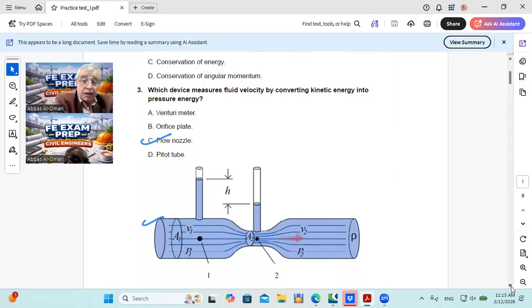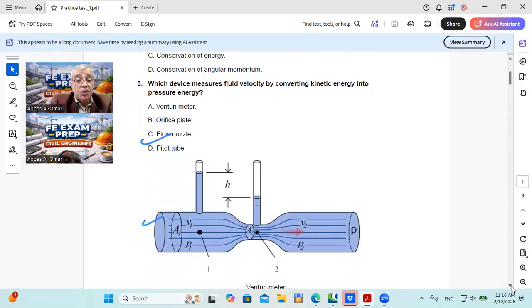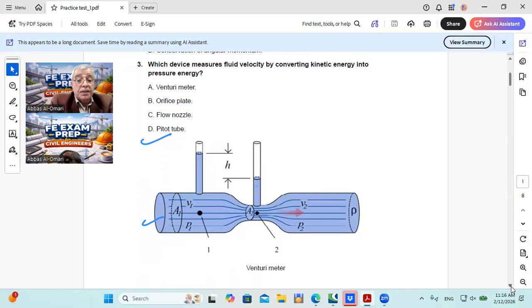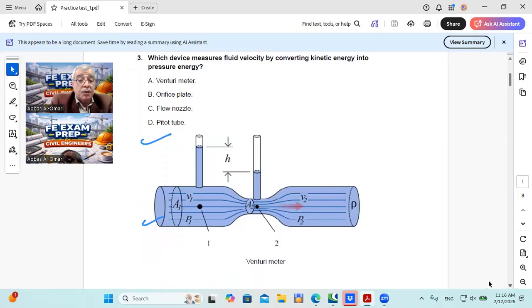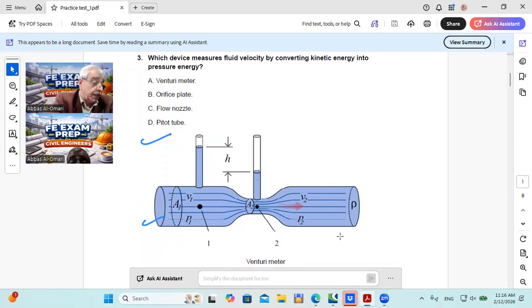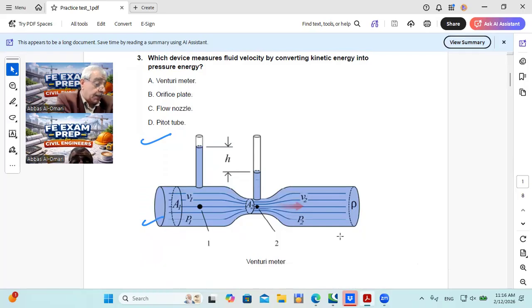So the first one is the venturimeter, which is shown in the figure. Now the venturimeter is based on reducing the cross section. By constricting the cross section, the flow velocity will increase because the cross section decreases, and the pressure will drop.